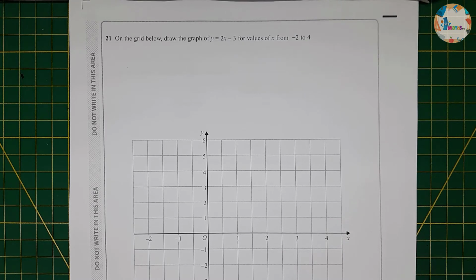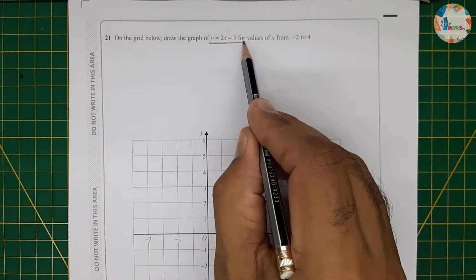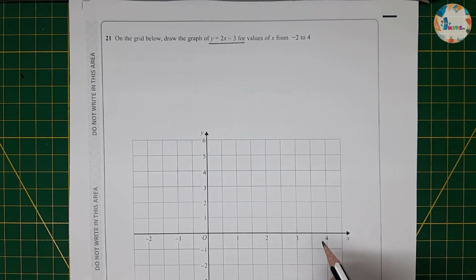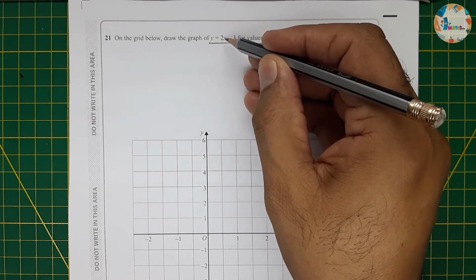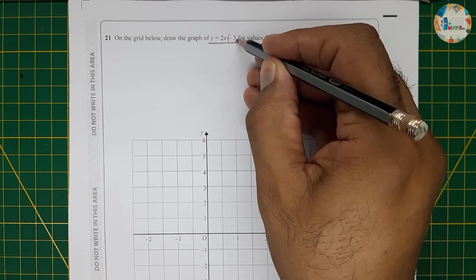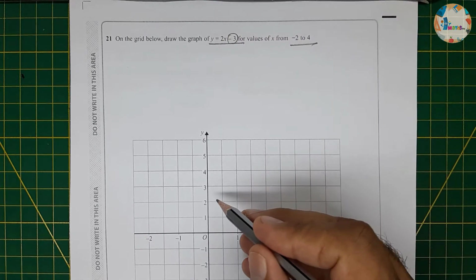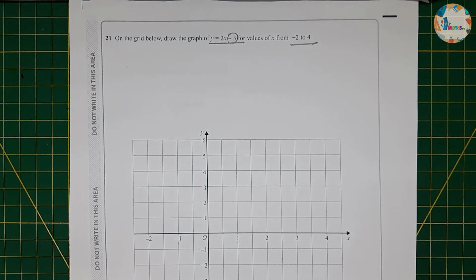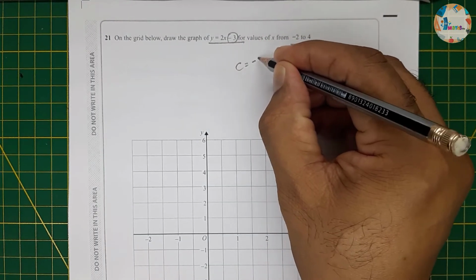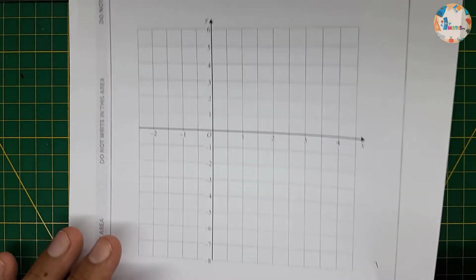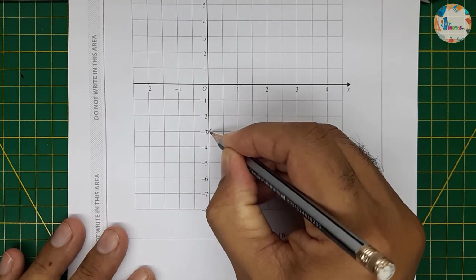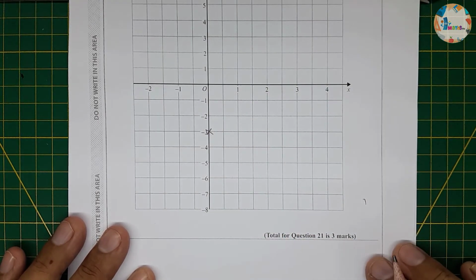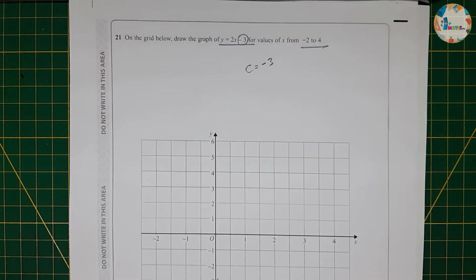On the grid below, draw the graph of y is equal to 2x minus 3 for values of x from -2 to 4. So we can check. The c value is -3, so it's passing through -3. So y intercept is -3, we will reach -3 and mark over there. So our line is passing through this one, and the rest is the gradient, which is m.